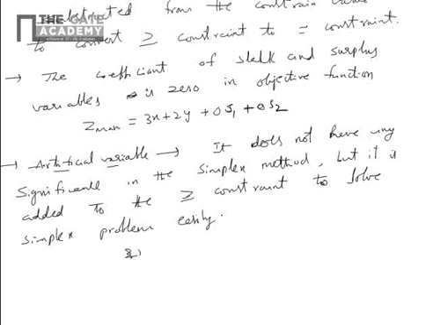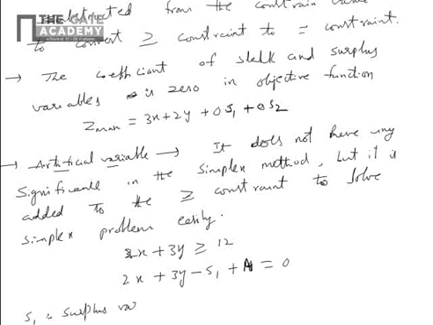So 2x plus 3y greater than or equal to 12, then you can write it as 2x plus 3y minus s1 plus a equal to 12. S1 is the surplus variable, a is the artificial variable.